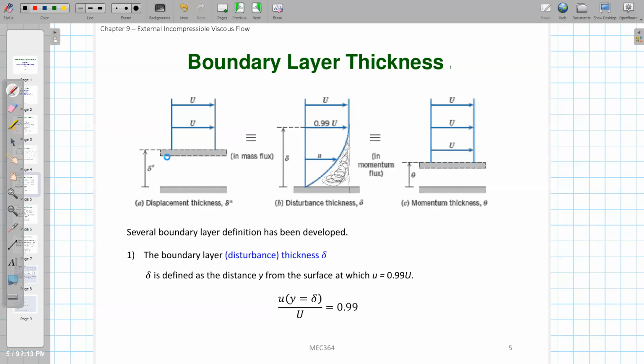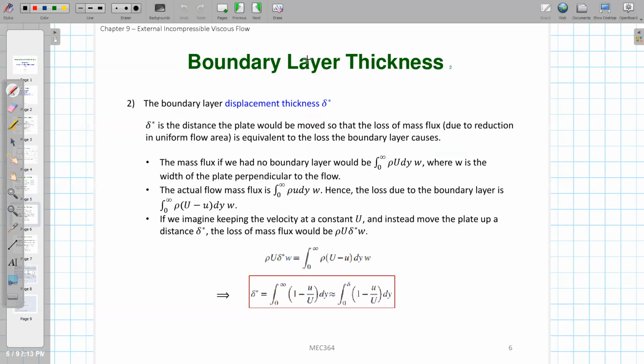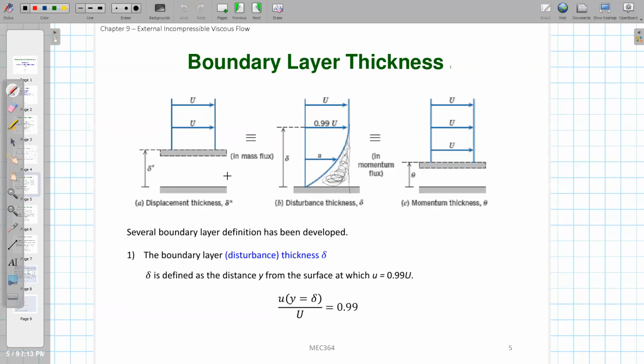This delta star is the new definition, called the displacement thickness. The original plate position is here. Now we move the plate position a little higher in the y direction, so that above here is still uniform, and this dashed region should be U here, right? And this area will be just equal to what you lose here.